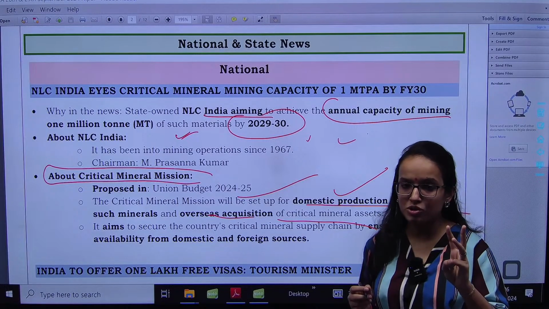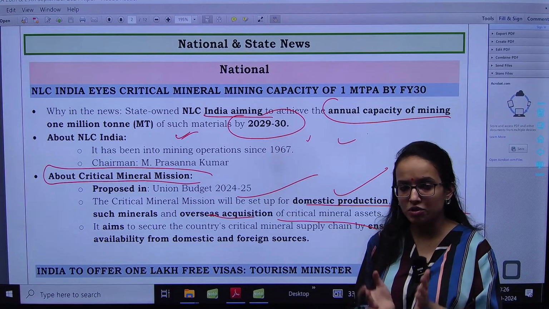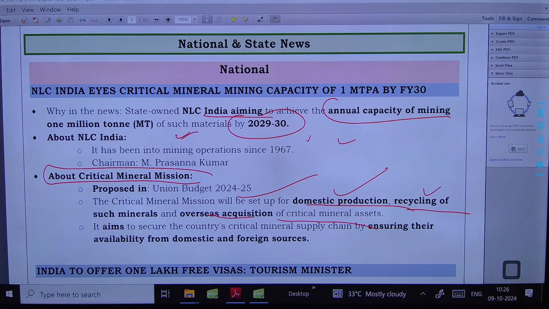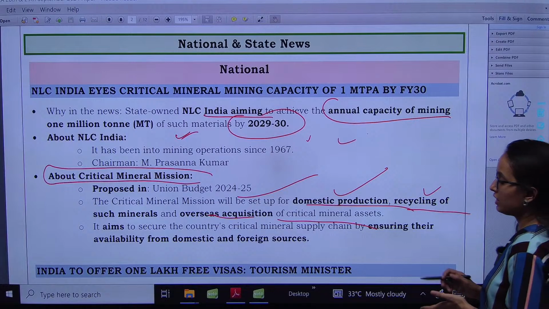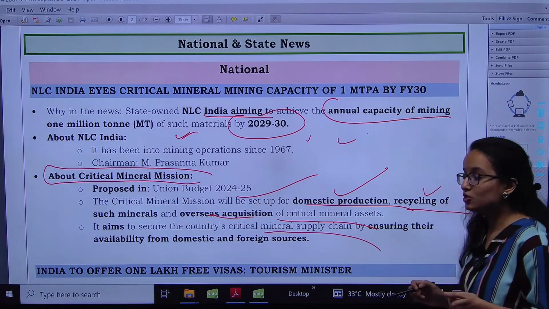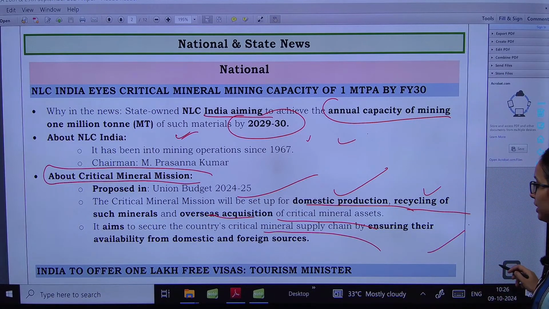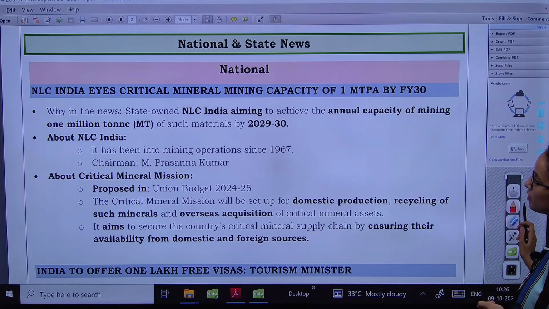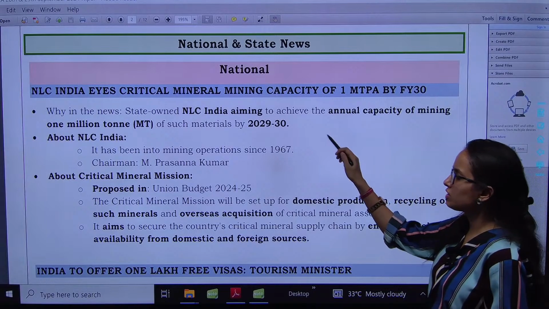So three dimensions are there. It is a combination of domestic production as well as overseas acquisition. Remember this. It aims to secure India's critical mineral supply chain by ensuring their availability from domestic as well as foreign sources. And about NLC India, you can just read about this.